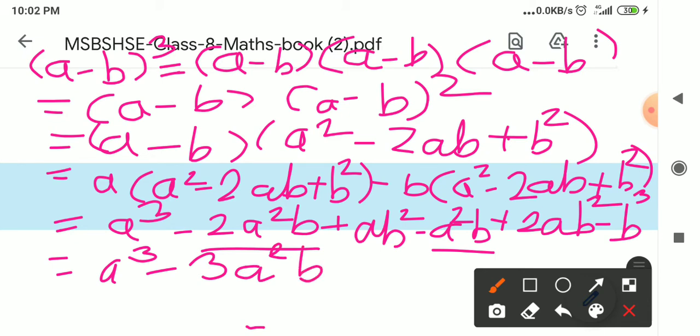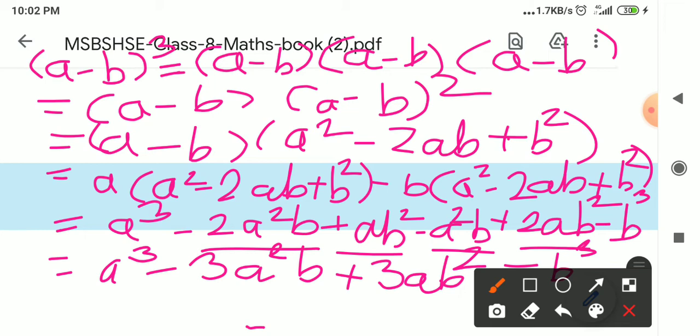Then ab square terms: plus ab square and plus 2ab square, the sum is plus 3ab square, and the remaining term is minus b cube. So this is the expansion of (a - b) whole cube.